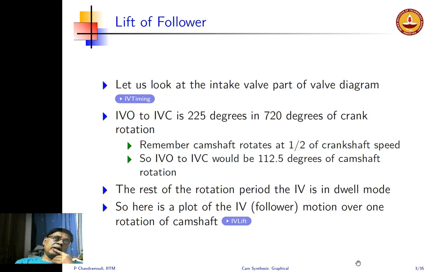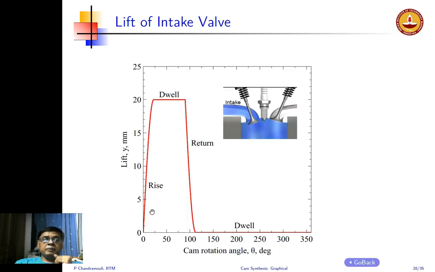Now, what is the kind of displacement profile as it goes from 0 to, I have assumed that the lift is 20 millimeters. This is just some number to deal with, and then it opens completely. So it remains at that open position for some time and then returns. Now, you could have a variety of functions.